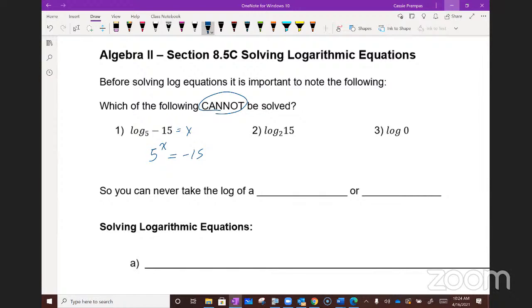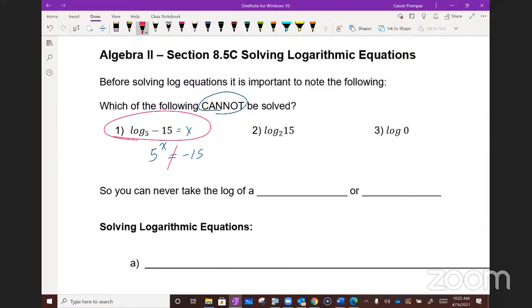Well, what's 5 to a negative exponent? It's a fraction. 5 to the 0 equals 1. 5 to a positive number equals a really big number. So can this ever equal a negative? No. So this one cannot be solved.